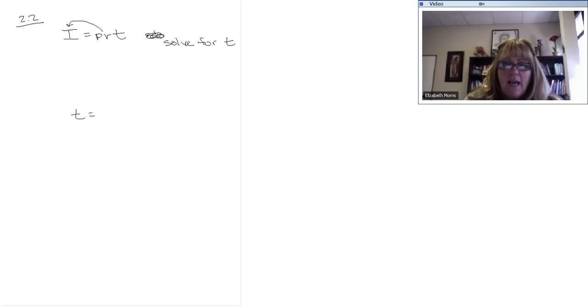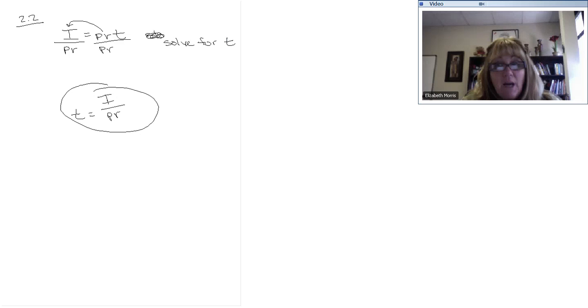So I can divide, and whatever I do to one side, I do to the other. What does that become? 1. So you're left with T equals, and what are you left with on the other side? I over PR. So I solved for T. I solved for T in the sense that it's not T equals a number, but T is all by itself on this side, everything else on the other. Okay?